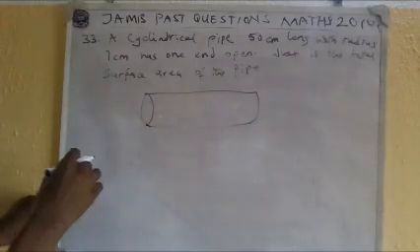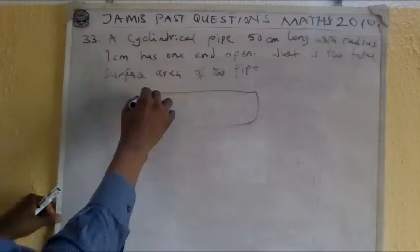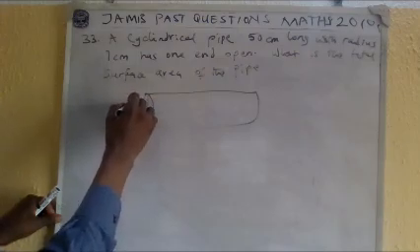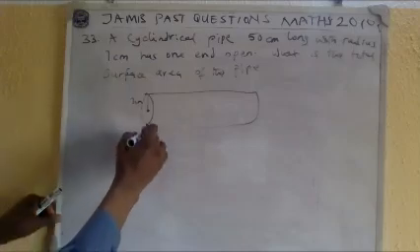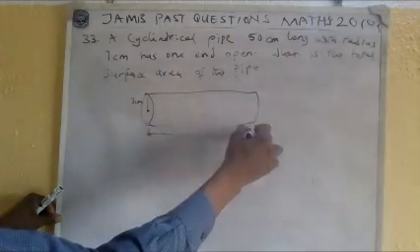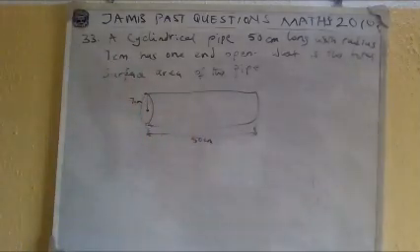The radius is 7 cm, from here to the center. This length, the length is what? 50 cm. So find the total surface area.